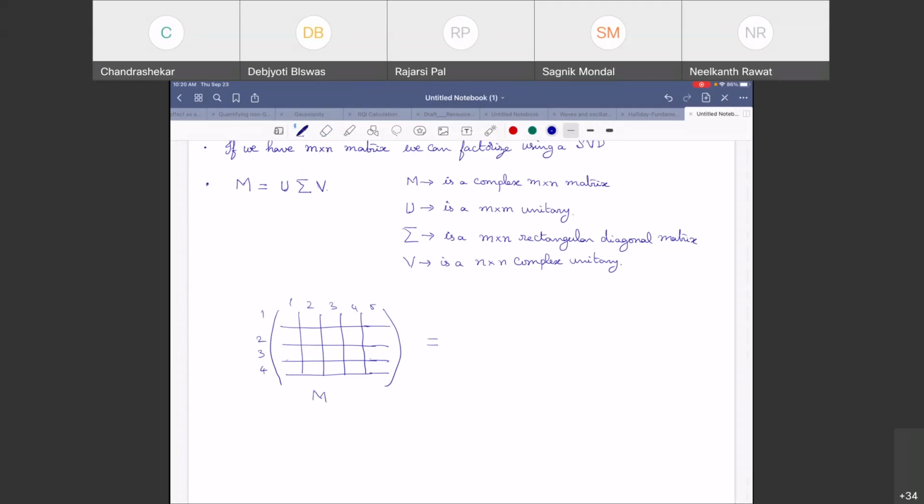Then we can write this in terms of 5 by 5, and then again 5 by 4.